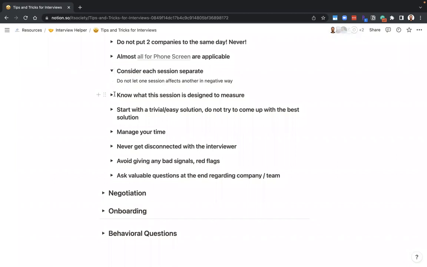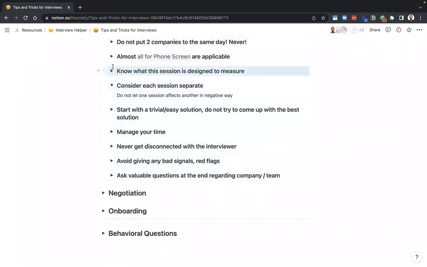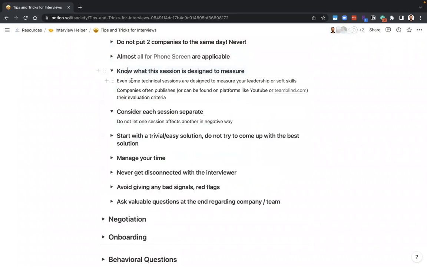And actually I just explained this one. Even some technical sessions are designed to measure your leadership or soft skills. Some coding sessions are really designed just for coding. You will understand it from the attitude of the interviewer.